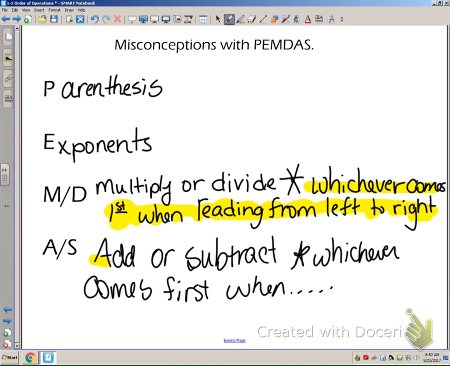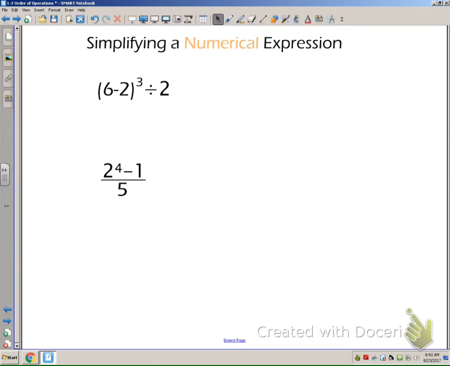But it doesn't matter if you multiply or divide first; it depends on where it is in the problem. If multiplication comes first when you're reading the problem from left to right, then yes, you multiply first. But if division comes before the multiplication, then you will have to divide first. The same is true with addition and subtraction. It's whichever one comes first when you're reading the problem left to right.